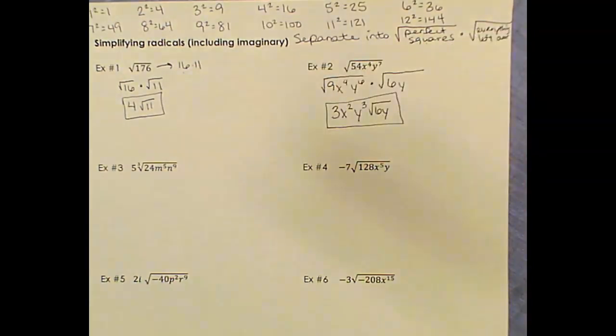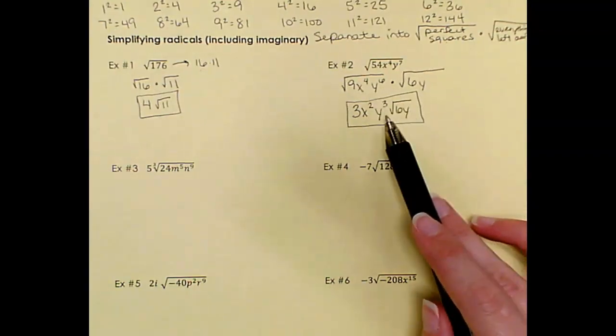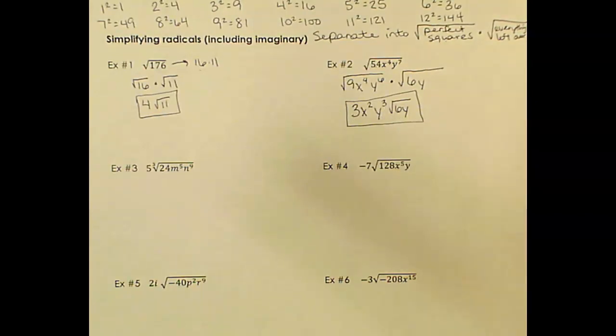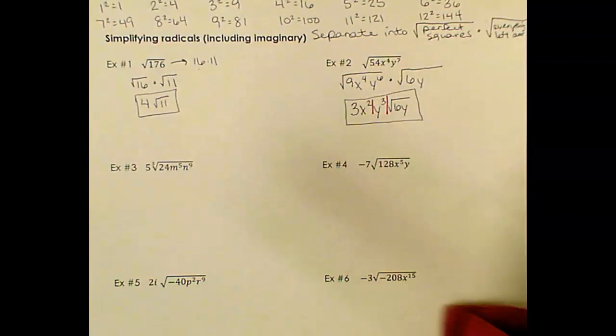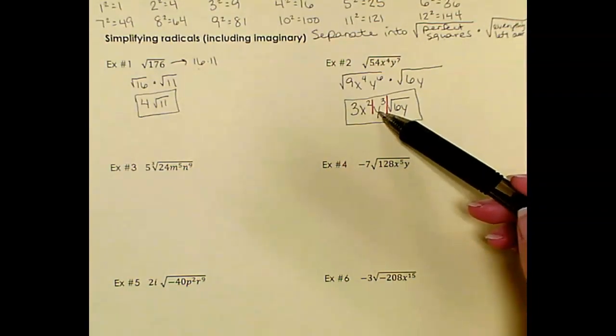Now, there is something that we need to mention. So when you take out in your perfect squares radical something like a variable with an odd exponent in your final answer, you're going to end up having to put absolute value around that variable with the odd exponent. And this is why. Let's say that y has a value of something negative, like negative 5.